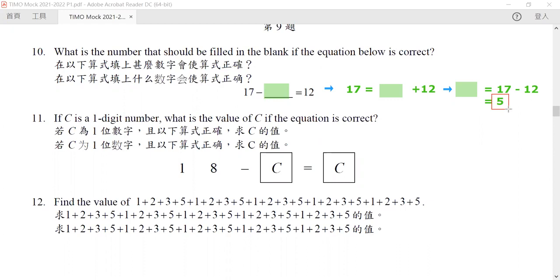Okay, so this is our question number 10. Okay, let's go to question number 11.